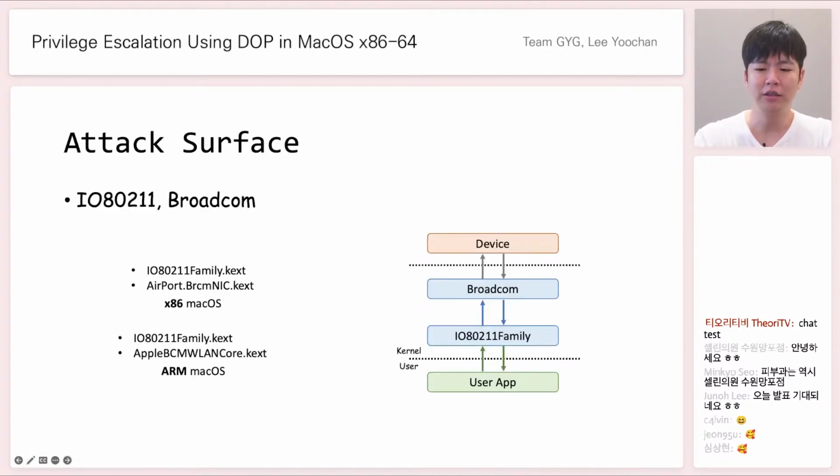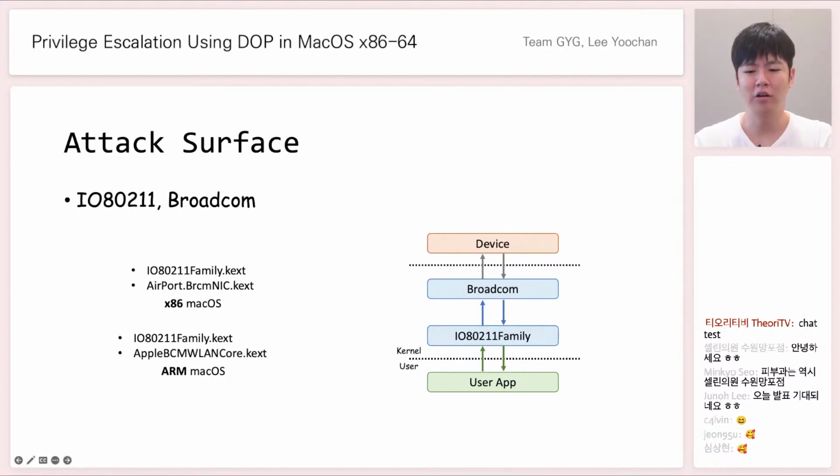The attack surface of our bug is related to the Wi-Fi kernel module, that is, the IO80211 family and the Broadcom kernel extension. The family kernel extension communicates with the user application and sends requests to the Broadcom kernel extension, and the Broadcom kernel extension communicates with the device.